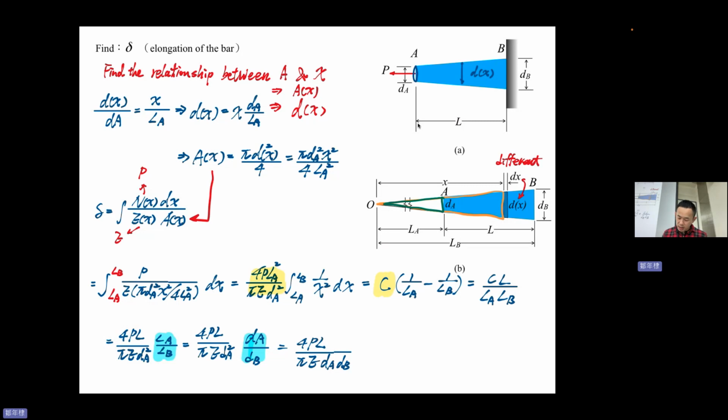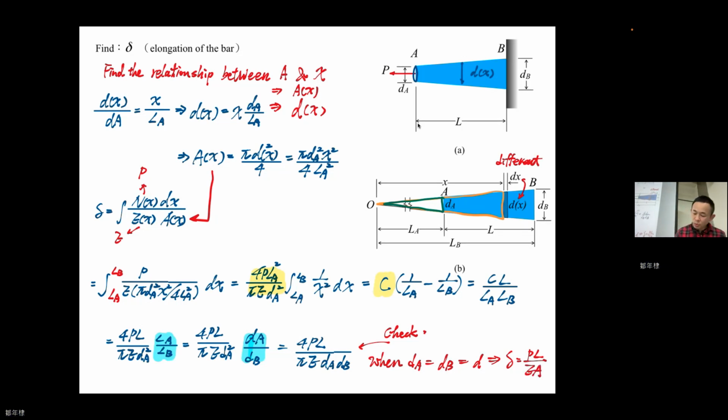This is the result, right? This is the answer. There's a really interesting thing you can check. When dA equals dB, which is d, what is delta? The answer is PL divided by EA.